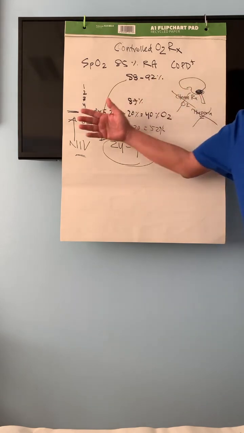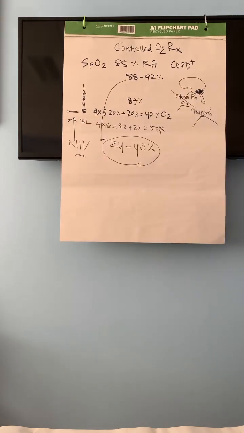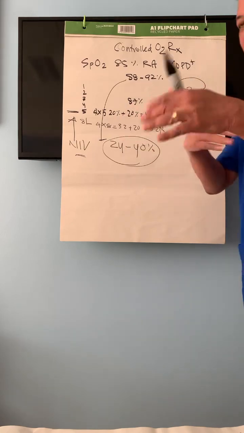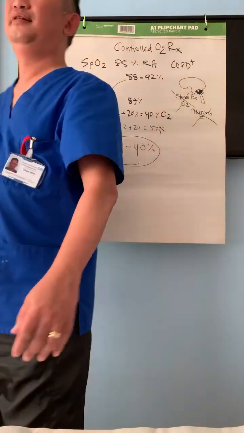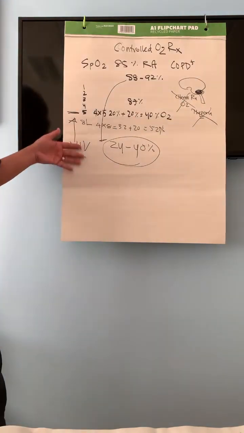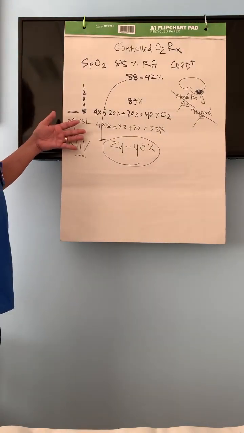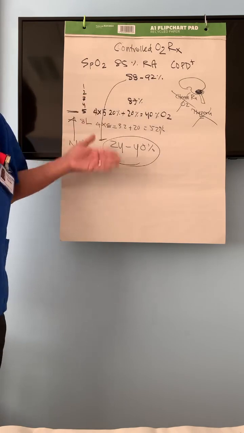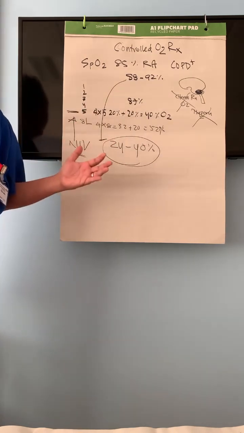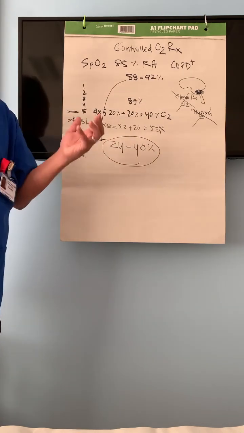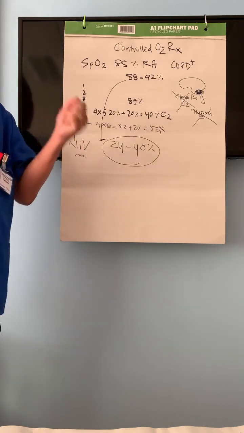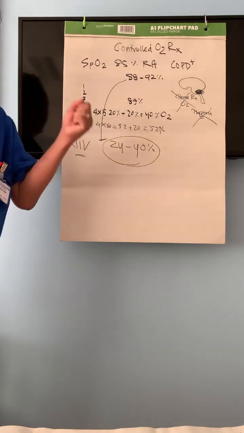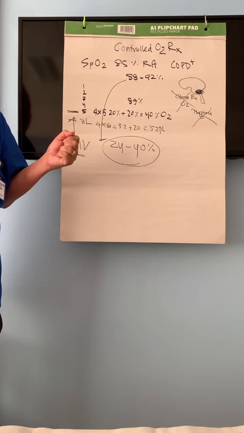BiPAP is bi-level positive airway pressure, bi-level. You cannot go more than 40%, but your patient is still hypoxic. We need to bring the oxygen up without any risk of carbon dioxide retention. This is the place for BiPAP.